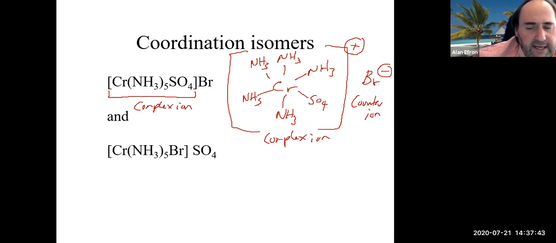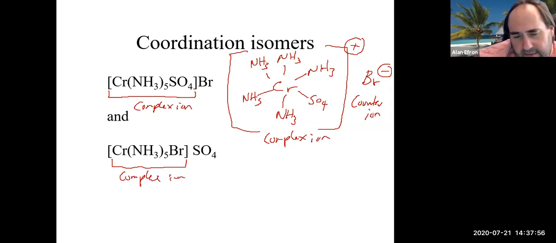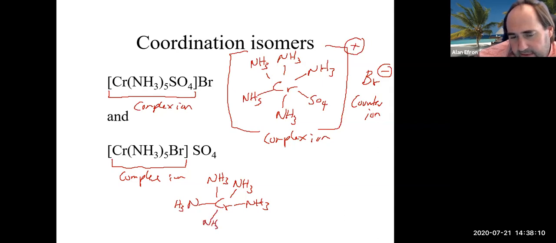Again, it's a basic overall ionic compound, and we got these two guys coming together. Now, although the second guy has the exact same elements, the difference is in how it's put together. In this case, this is our complex ion. And sitting in the middle is our chromium, also still attached to our 5 NH3s, to the nitrogen, by the way. 1, 2, 3, 4, and 5.